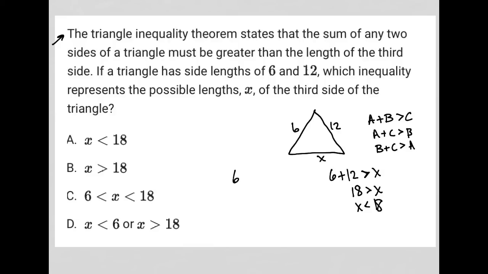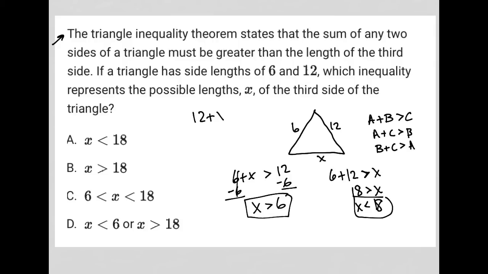We also know that 6 plus x has to be greater than 12. So I can subtract 6 from both sides there, and I get x is greater than 6. Okay, so I know that x has to be greater than 6 as well. So I know these two things so far. What else? I know that 12 plus x has to be greater than 6.